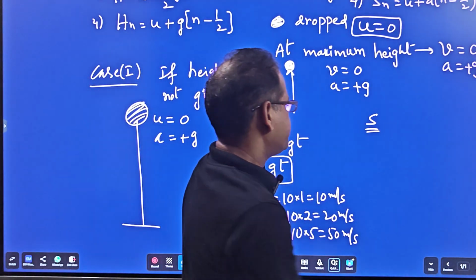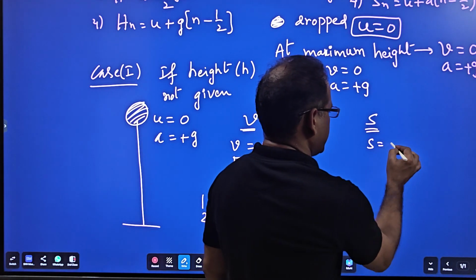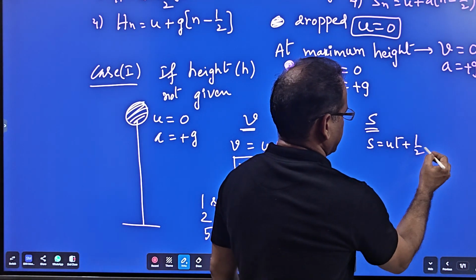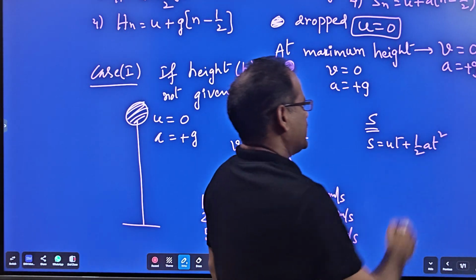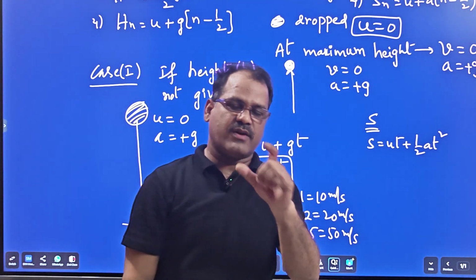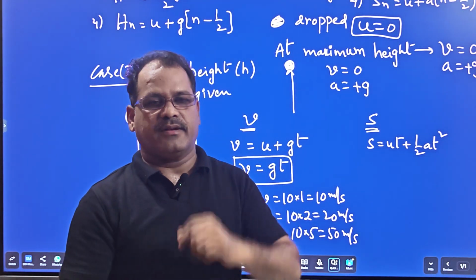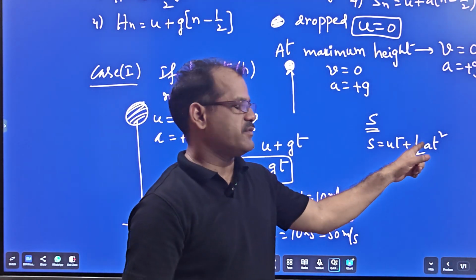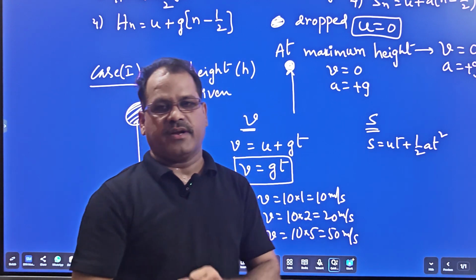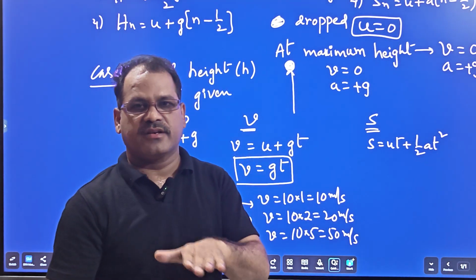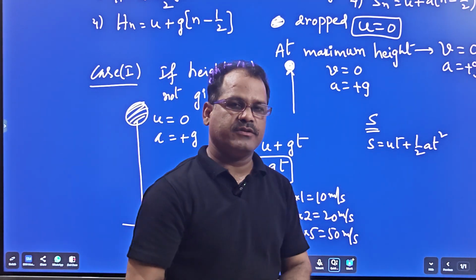If we calculate distance, see, s is equal to ut plus half at square. Here we can understand the importance of the interval of time versus the instant of time. This equation we have to use for an interval of time, from the start, how many seconds. For that case only we can use this equation.